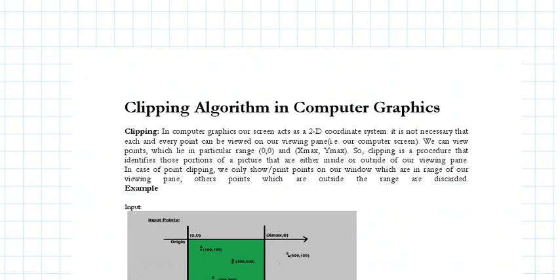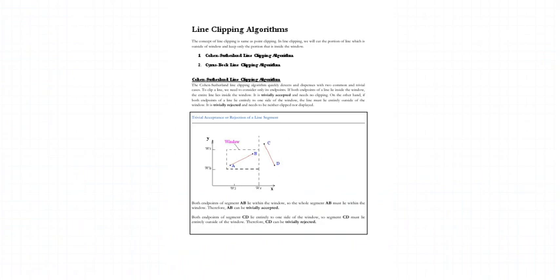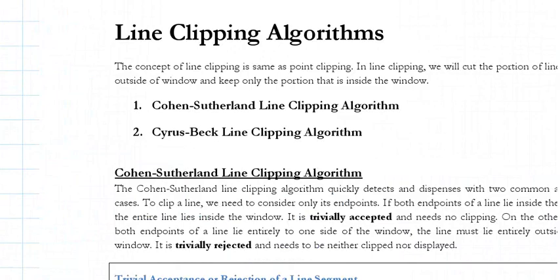Actually, as per our syllabus, you have to study point clipping, line clipping, and polygon clipping algorithms. For line clipping, you have to study 2 algorithms: Cohen Sutherland line clipping algorithm and Cyrus-Beck line clipping algorithm. In this video, we will only study Cohen Sutherland line clipping algorithm.